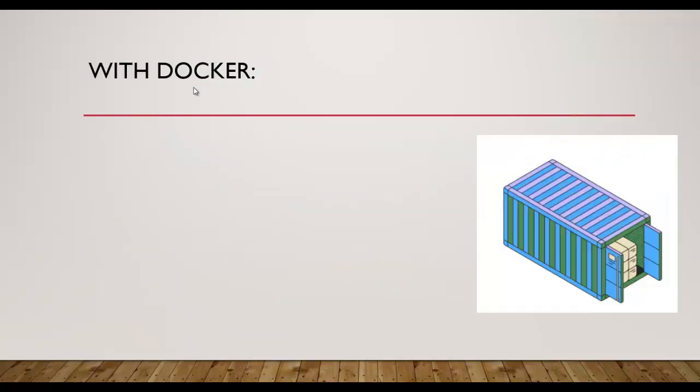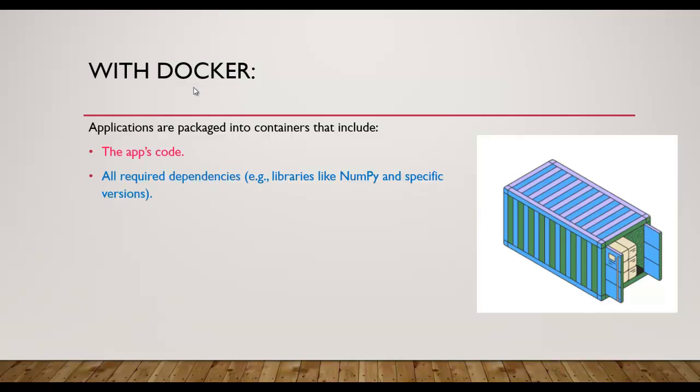Now let's consider the scenario with Docker. Applications are packaged into containers called boxes, right? That include the app's code, our application code, all required dependencies, libraries like NumPy and specific versions, necessary system tools and settings, even the operating system if needed.